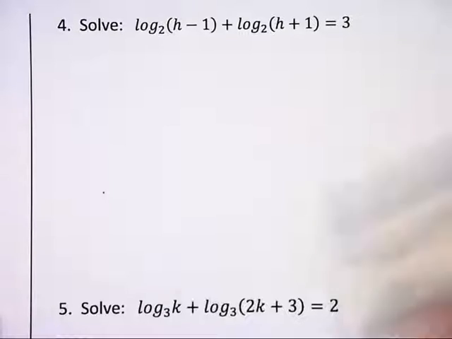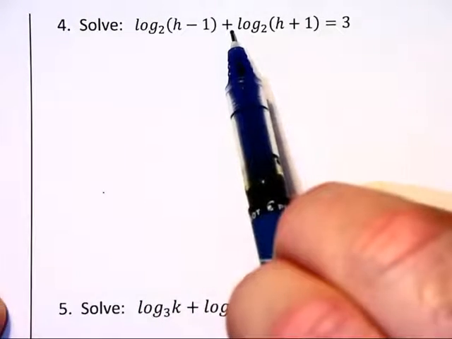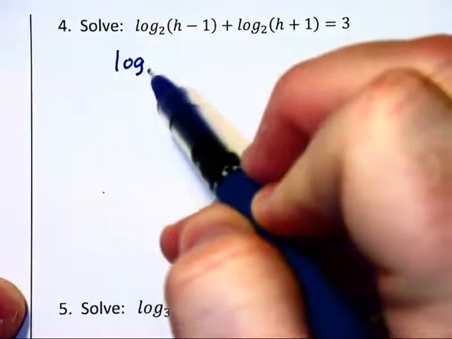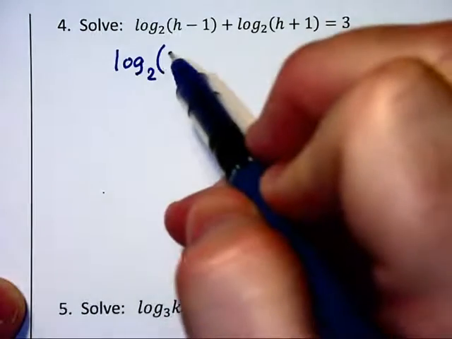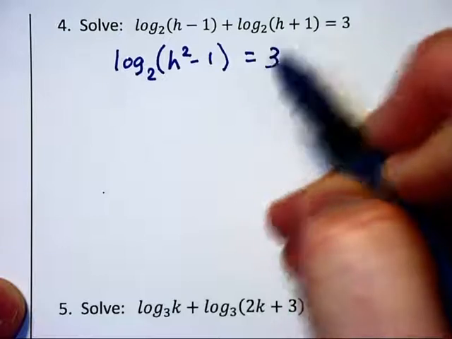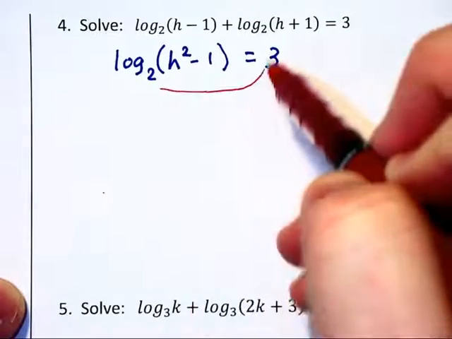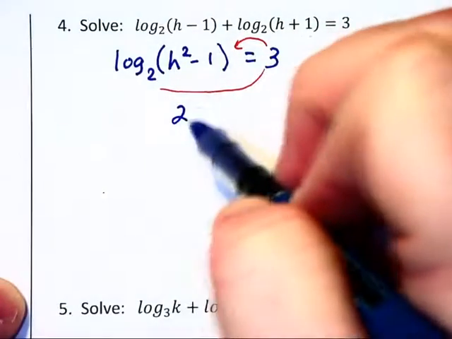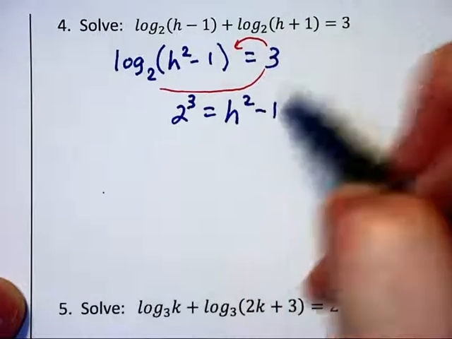On this next problem, we have log plus log equals number, and we know that the sum of two logs can be the log of their product. So we will have log base 2 of h minus 1 times h plus 1, which is h squared minus 1, is equal to 3. Again, I've got a logarithmic equation which I'm going to switch into an exponential equation, rewriting this as 2 to the third is equal to h squared minus 1.